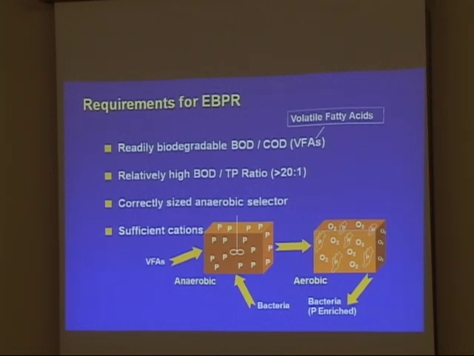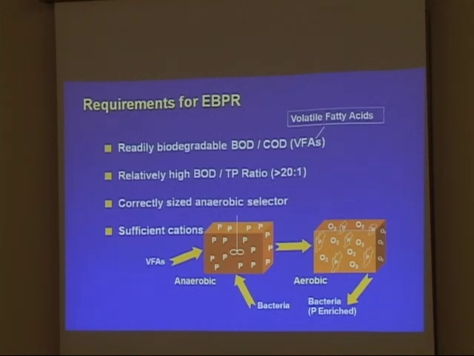So what you need, first of all, is readily biodegradable BOD, COD, which presents the volatile fatty acids that they need. And you can also get that from your side streams out here from your sludge holding tanks. I know you guys who worked on the pilot plant were cognizant of using it as well. And then you need a relatively high BOD to total phosphorus ratio, greater than about 20 to 1.